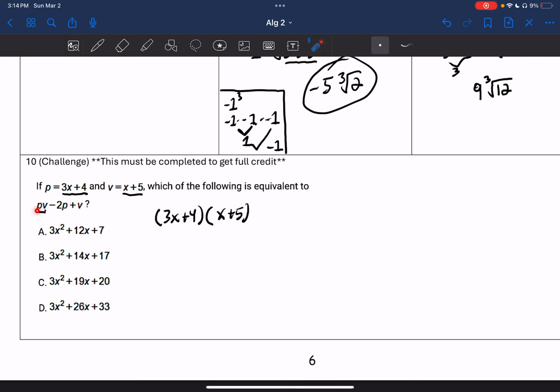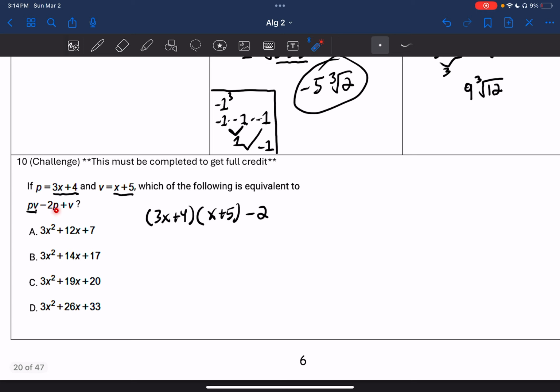So this term here, p times v, looks like this. Minus 2 times p, and p is here. So times 2, 3x plus 4, and then plus v. And v, we know, is x plus 5.